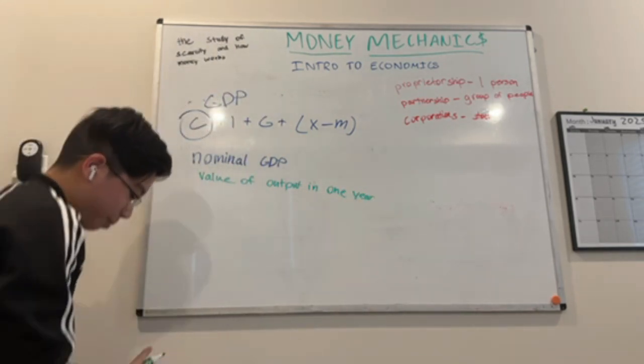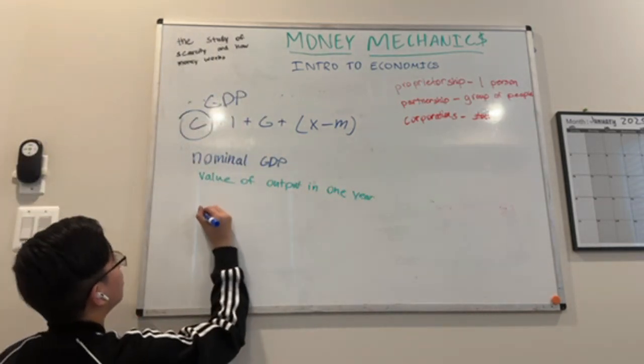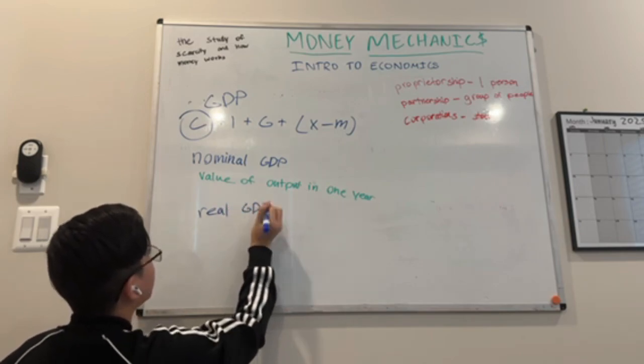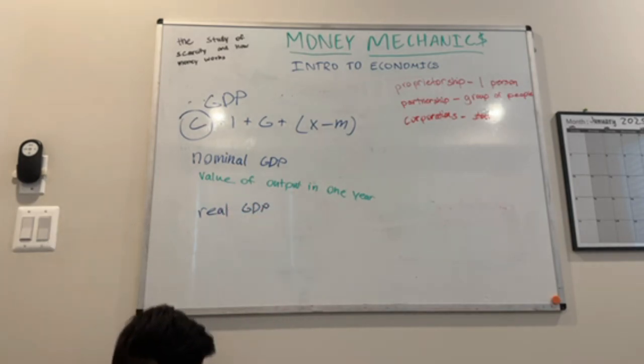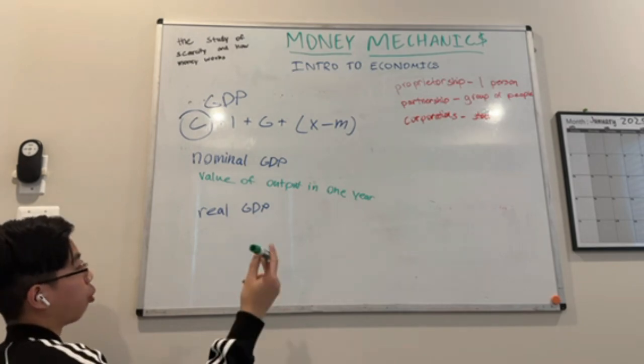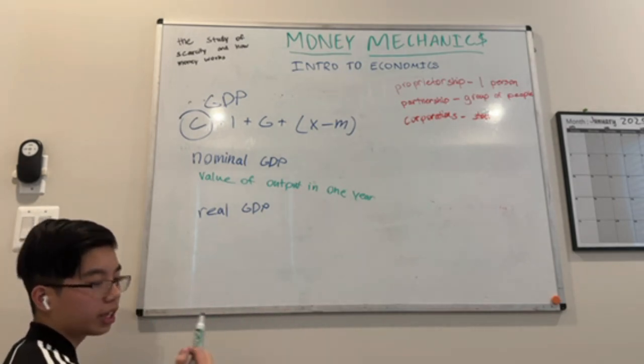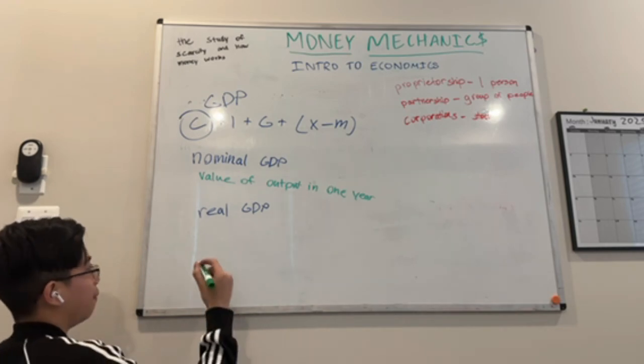And the real GDP uses 1 year's prices to measure the actual increase in production without inflation.